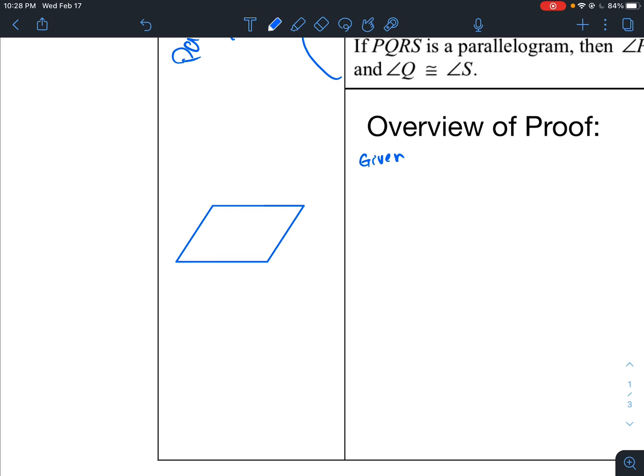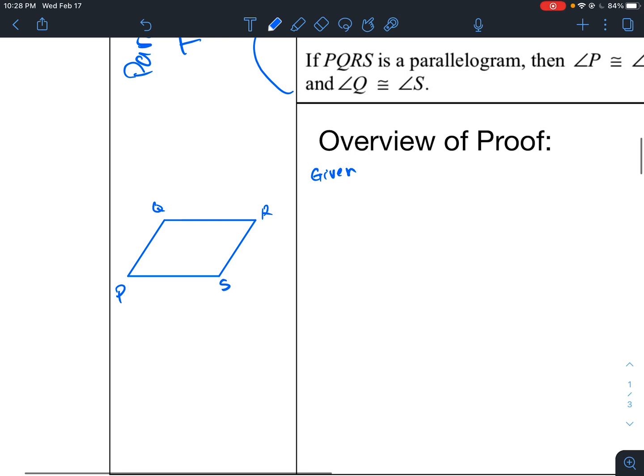Okay, so here's my parallelogram. I'm going to call this point P, this one point Q, this one R, and this one S. Okay, so given that PQRS is a parallelogram.